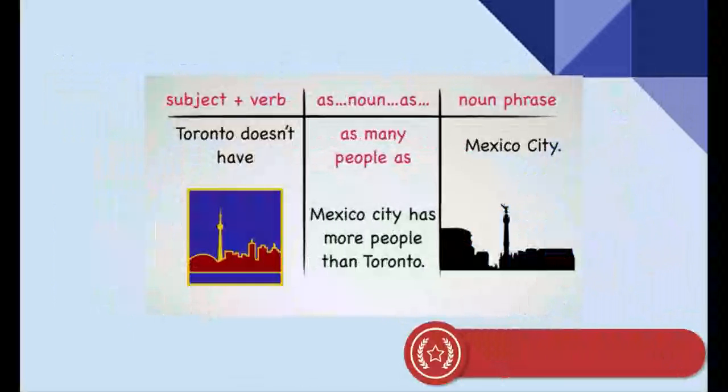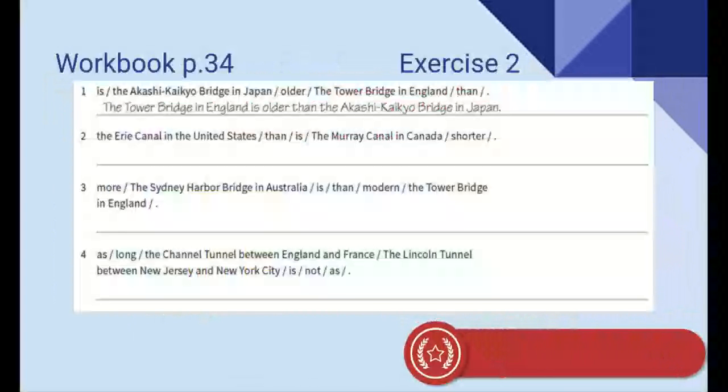So let's go ahead and practice. Please go to your workbook page 30 for exercise number 2. Here, we're going to unscramble the sentences. Sorry, to write them. For example, we had is the Akashi Kaikyo Bridge in Japan older the Tower Bridge in England than.